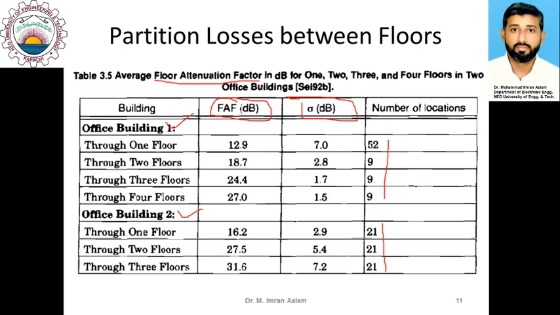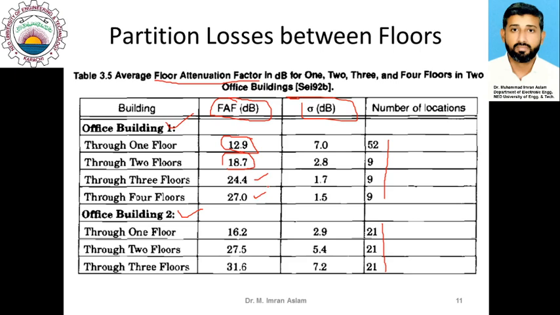So you can see that if the signal propagates through one floor, you get an attenuation of 12.9 dB. If it goes through two different floors, the attenuation is 18.7 dB. For 3 floors the attenuation is 24.4 dB, and for 4 floors the attenuation is 27 dB.